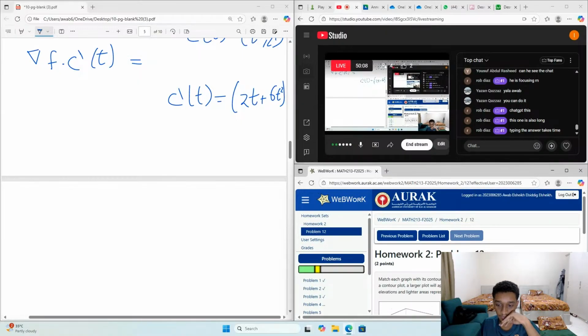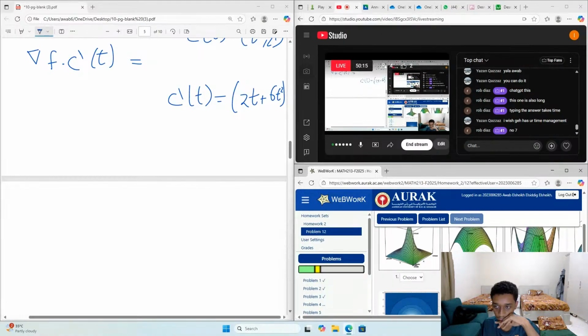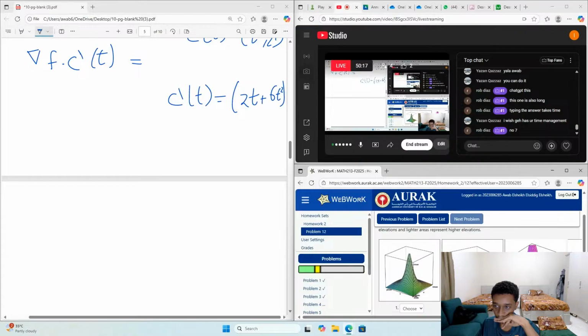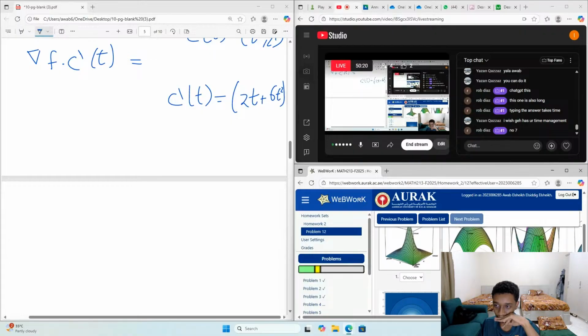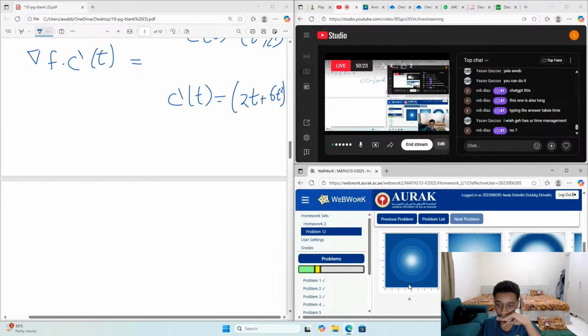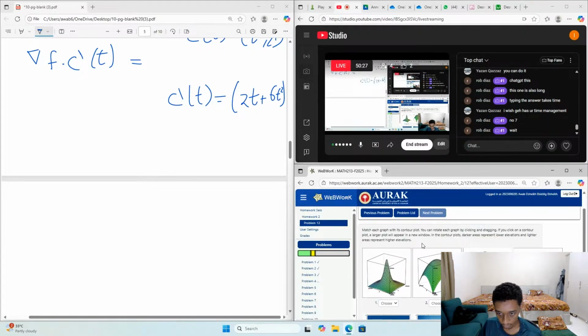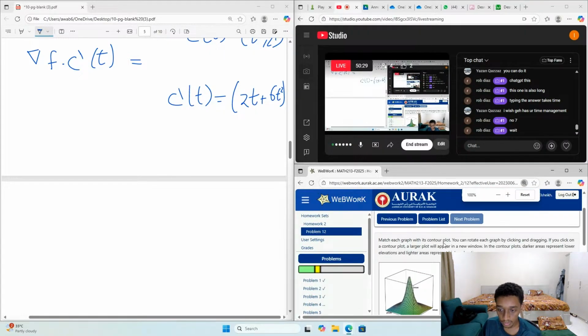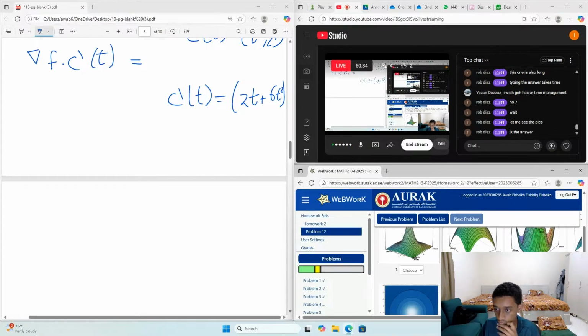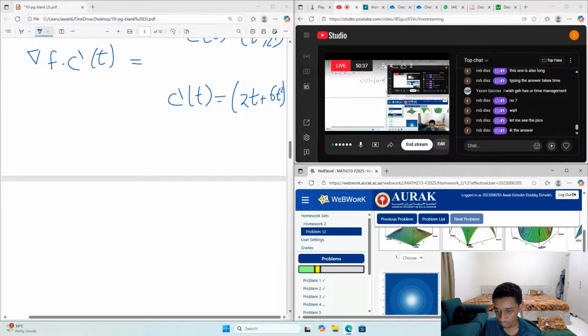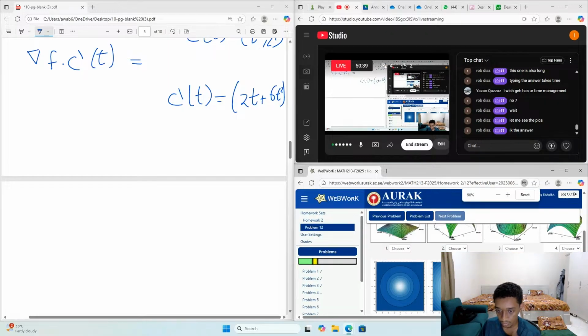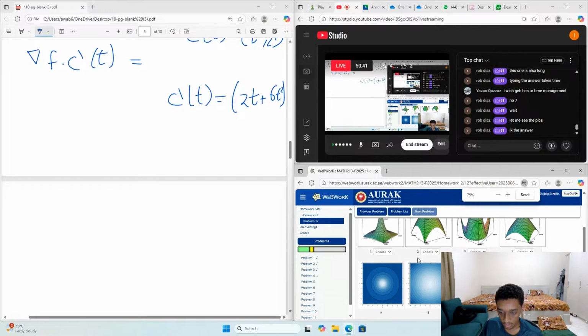Match each graph with its contour plot. You can rotate each graph by clicking and dragging. I don't know what this even means. Which one is number one, A, B, or C?